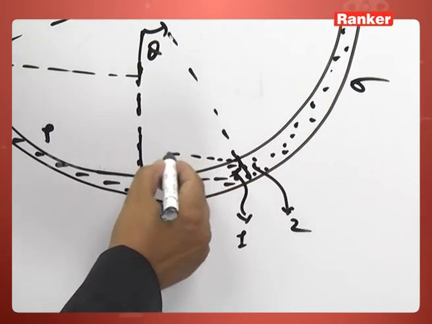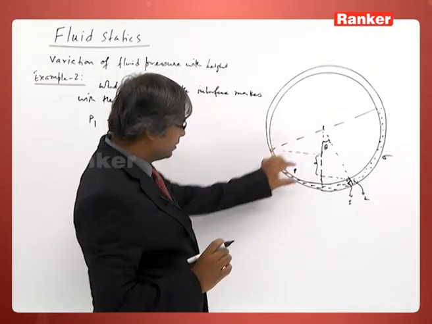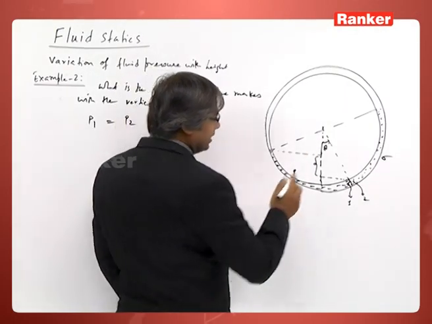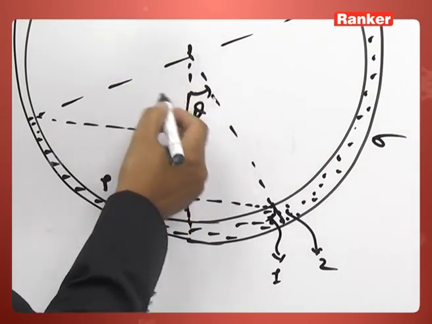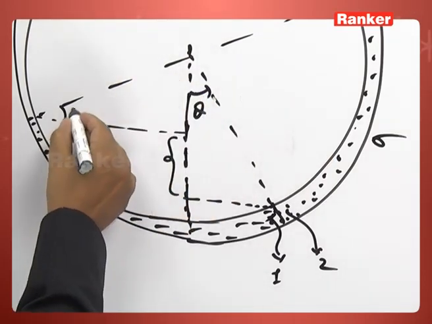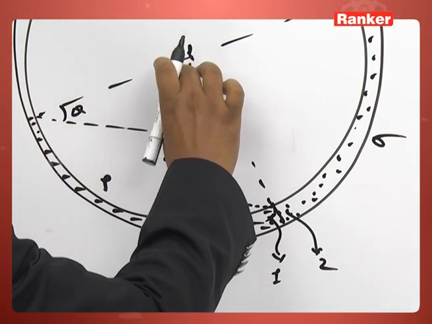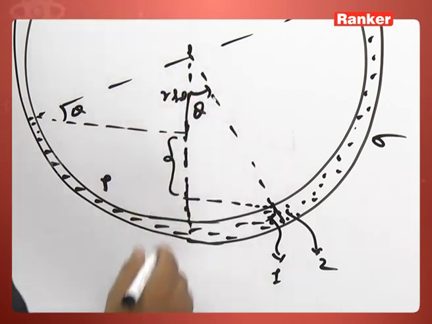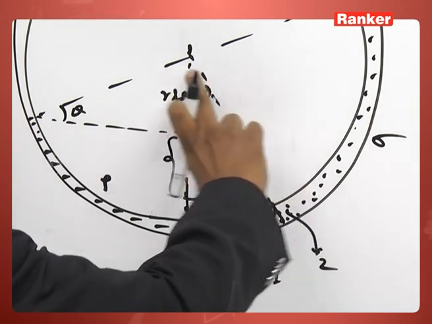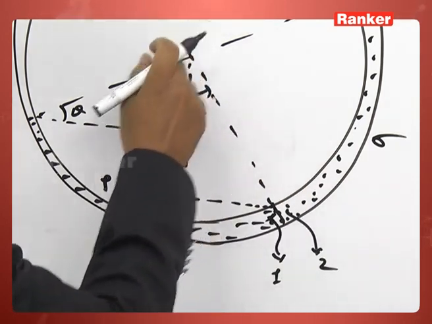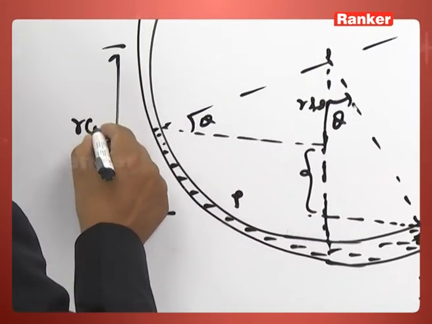You drop a perpendicular here, and the pressure is due to this column of liquid, this height. So you see this is theta, this is theta. So this total angle is 90 minus theta, so this angle becomes theta. So we have r, and this will be r sin theta. This is theta, this is r. So from here to here it will be r cos theta.